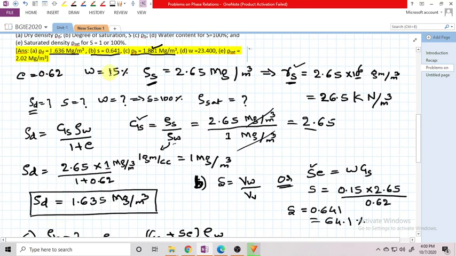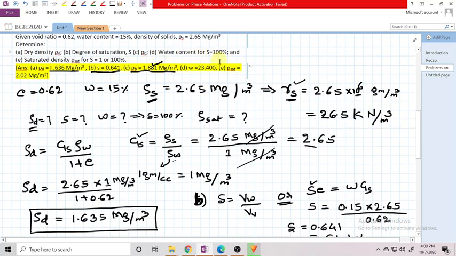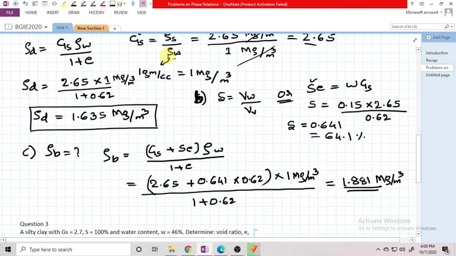Now if I fully saturate the soil, around 100% saturation, what is the water content they are asking? That we will see here.